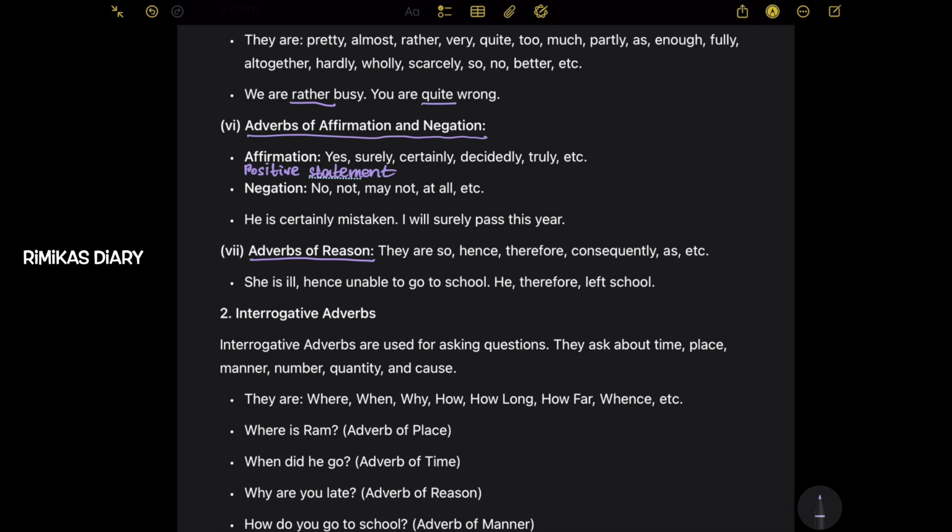Negation is a negative statement or something negative. For example, he is certainly mistaken. I will surely pass this year. So affirmation is a positive statement or that something is true or valid. So that's the meaning of affirmation.